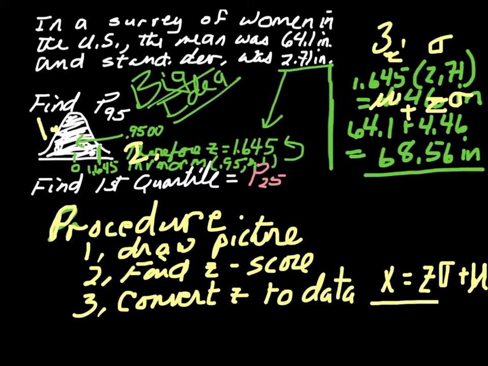And so the formula is data x equals z times standard deviation plus the mean. And that's how you convert z-scores to data. And that's what this problem set is going to be. So on the next slide, we're going to find the first quartile.